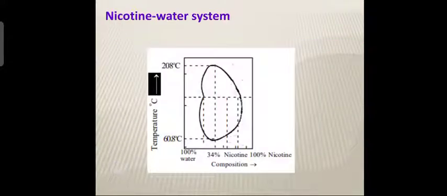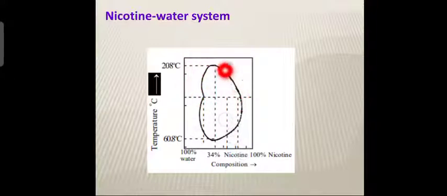Okay, next slide. Now this is the third system, the nicotine water system. Along the y-axis you have temperature, and along the x-axis you have composition, 100% water and 100% nicotine. So this graph is the combination of both the trimethylamine and phenol water systems.